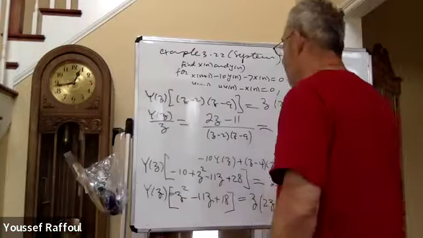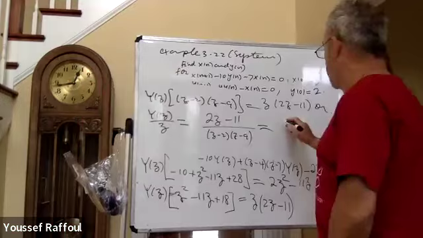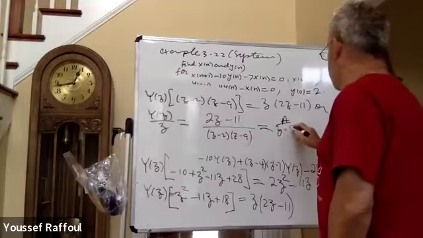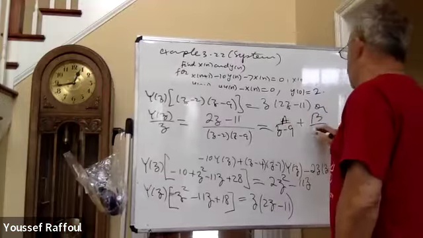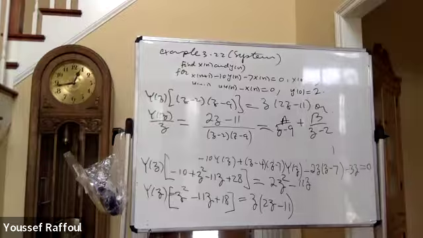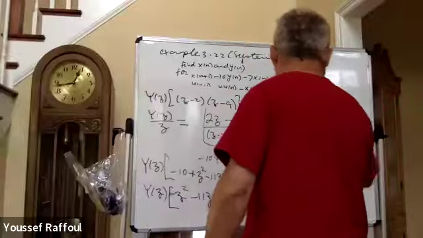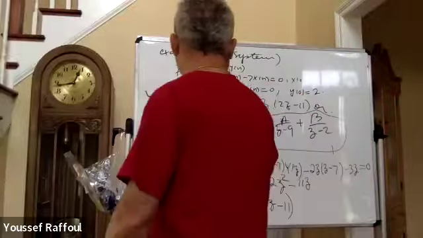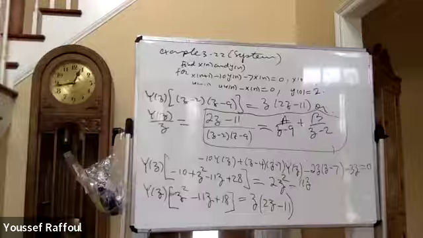So that's going to be a over z minus 9 plus b over z minus 2. We're going to do partial fractions.